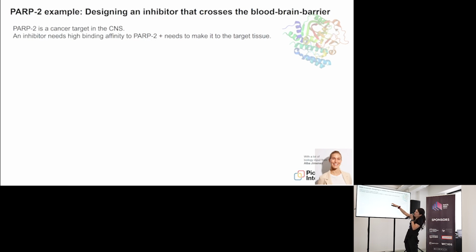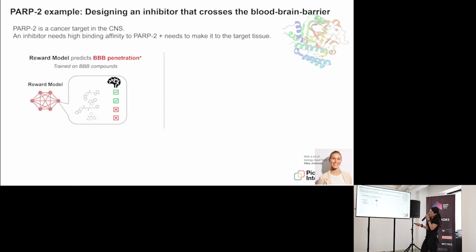An ideal inhibitor needs high binding affinity to PARP2, and ideally only to PARP2 and nothing else, but it also needs to make it there. It's not that hard to design a molecule that is very sticky and binds to everything, but then it will bind to everything, not just your target, and it's unlikely to end up in the brain, which is very selective in terms of molecular weight in Daltons and what the molecule looks like. So here we had an additional reward model predicting blood-brain barrier penetration.